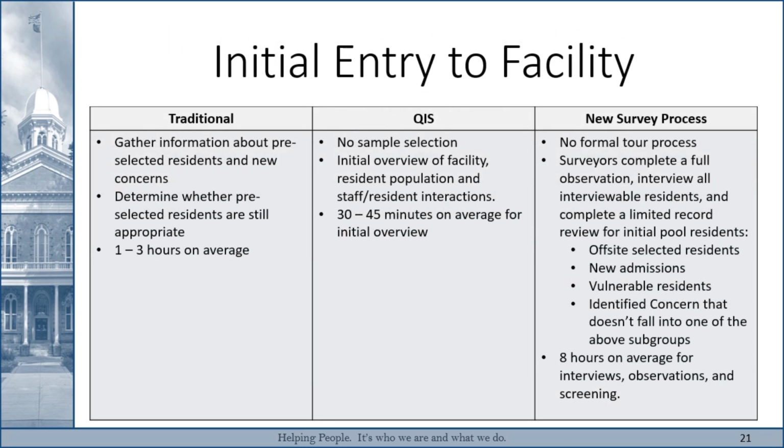Unlike the survey processes in the past, there is no formal tour for the new survey process. Surveyors will begin observing every resident in their assigned area to identify about 8 residents for the initial pool process, and then will spend about 8 hours completing the observations, interviews, and record reviews for the residents selected for the initial pool.